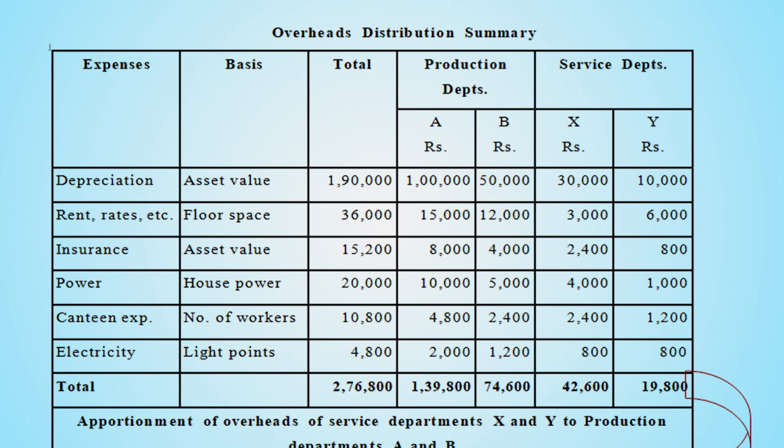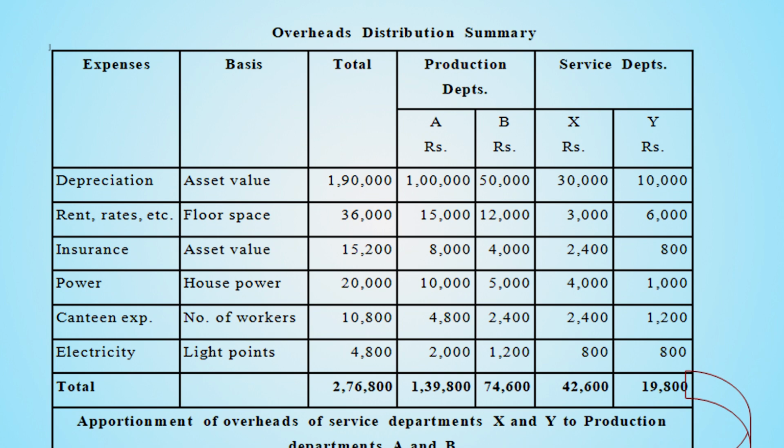Insurance is again allocated based on asset value. Amount given is rupees 15,200. For production department A it comes to rupees 8,000 and for production department B it comes to rupees 4,000. For service department X it is rupees 2,400 and for Y it is rupees 800.